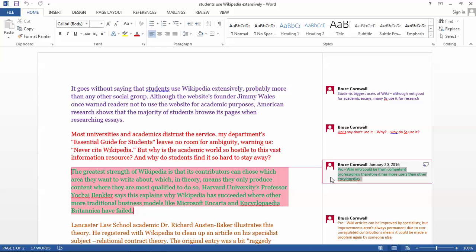I'm connecting my knowledge now to what I know of Microsoft Encarta and Encyclopedia Britannica, and it would be impossible for them to hire professionals in their fields for every single article or item in their encyclopedia. So here I've written: Wiki info could be from competent professionals. Therefore, it has more users than other encyclopedias.